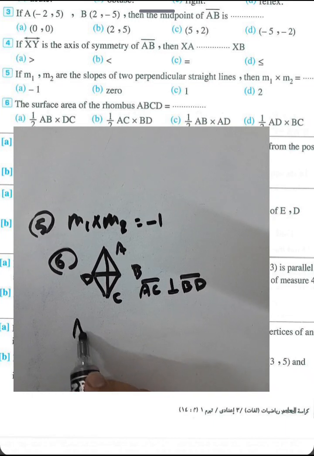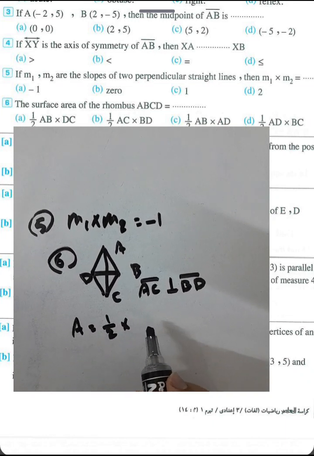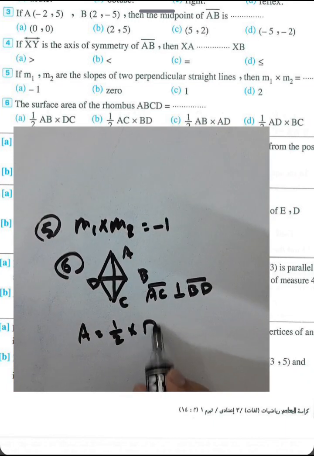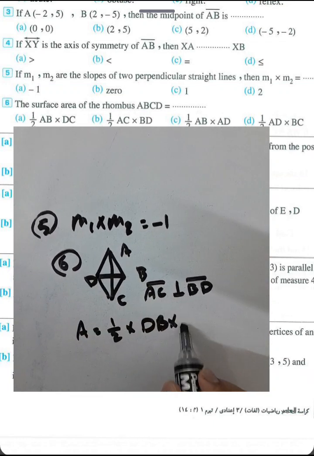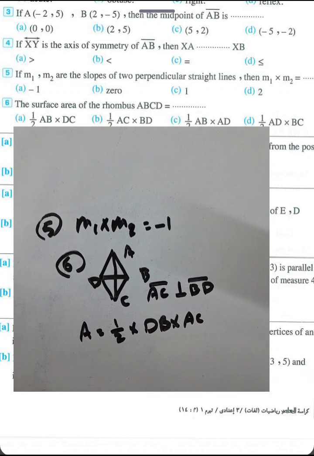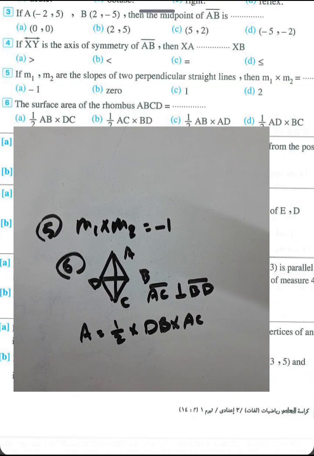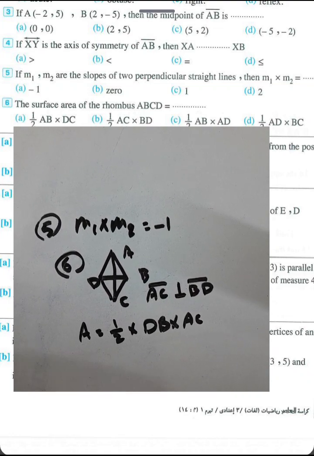Then the area is half times the first diagonal BD multiplied by the second diagonal AC. Choose letter B. It's a very easy rule about the rhombus.